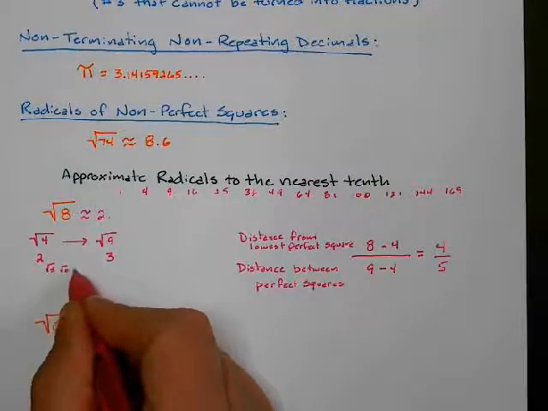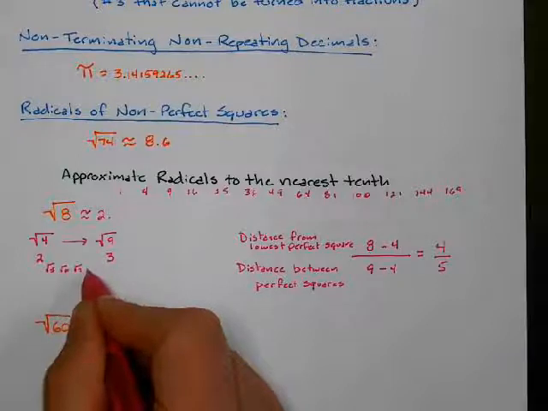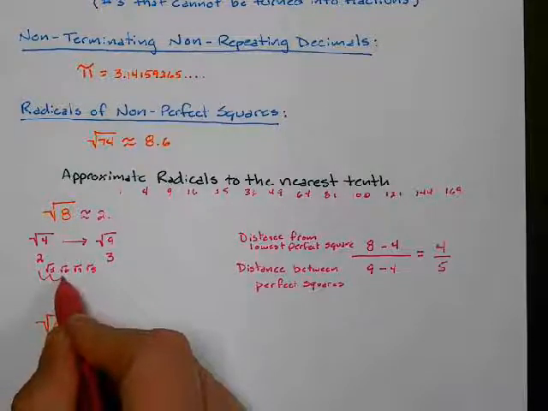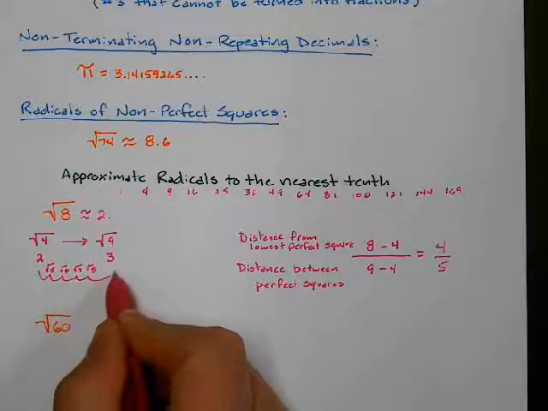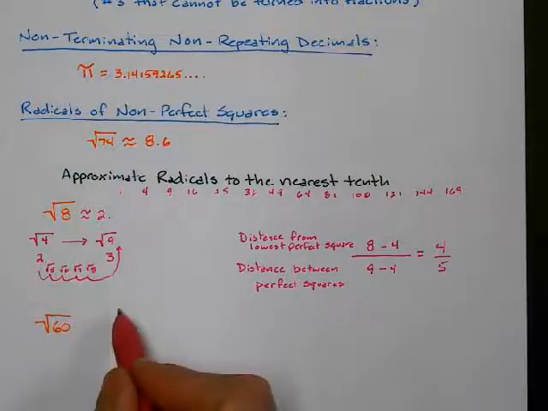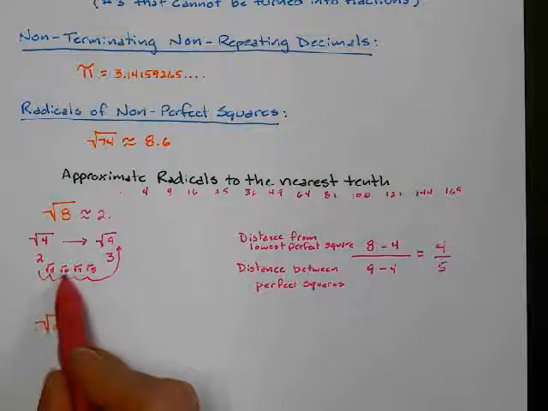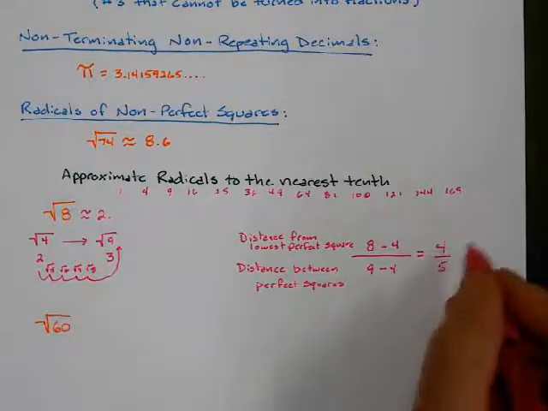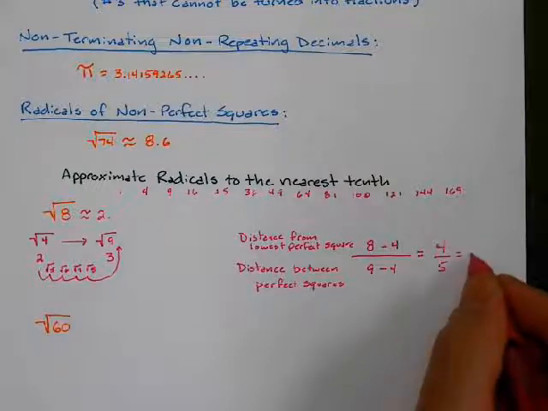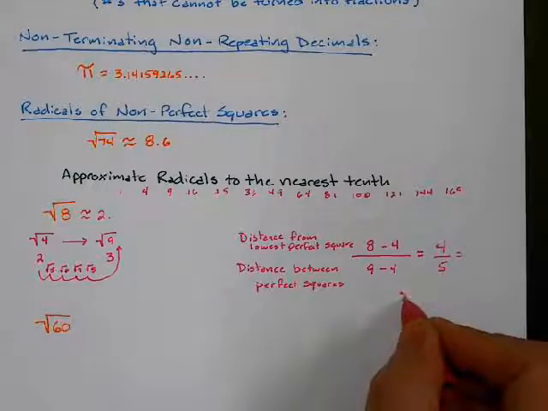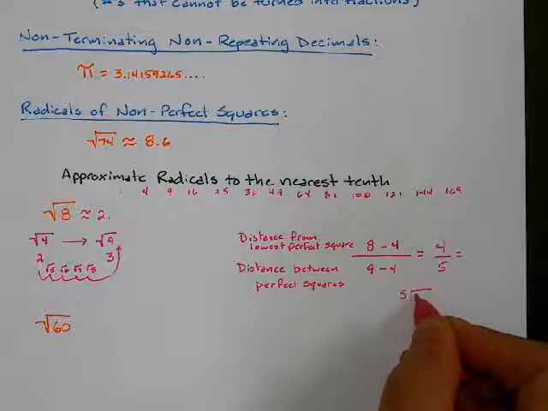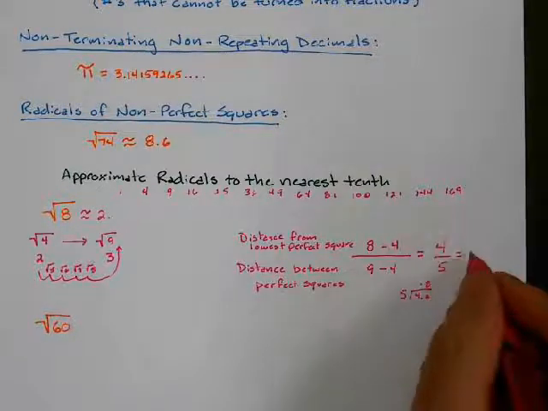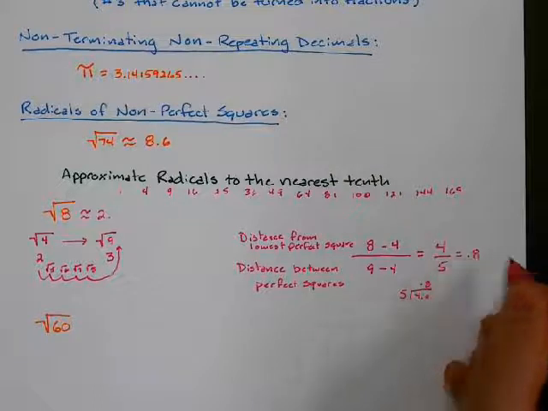So there's 1, 2, 3, 4, 5 to get to 9, but we've only gone 1, 2, 3, 4 of the way over there. So we've gone about 4/5 of the distance, which is, if you take 5 going into 4, you would get 0.8. So we are 2.8 approximately for the square root of 8.